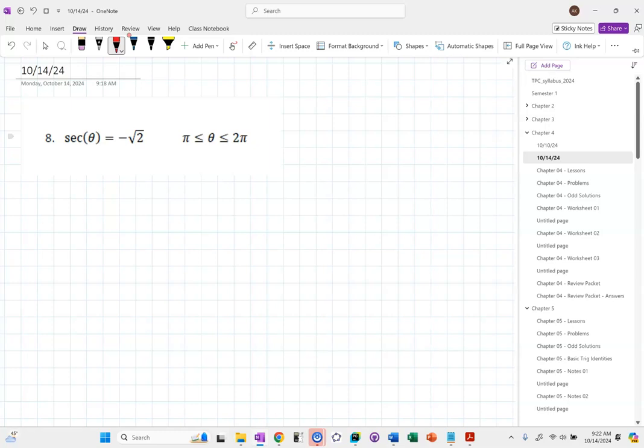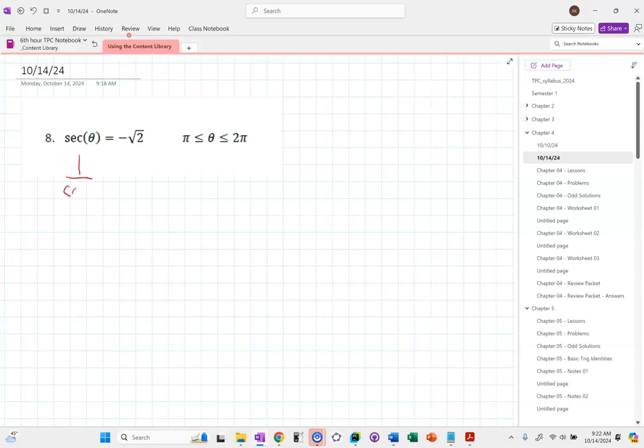So remember that secant is equal to 1 over cosine, right? And I'd prefer for this to be just cosine instead of 1 over cosine, right? So what I'm going to do is just flip both sides. So I'll think about square root of 2 as square root of 2 over 1. So when we flip both sides, we're going to have that.